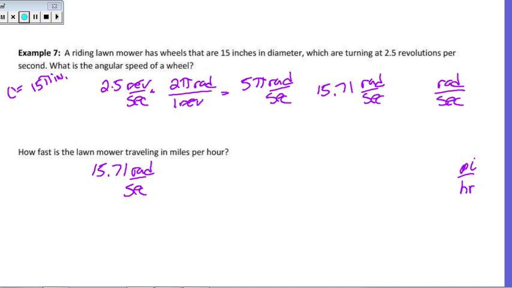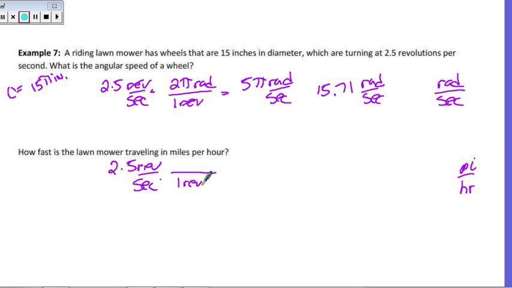So let's not start with this. Let's start with our original one, 2.5 revolutions per second. So let's get rid of this guy right here. And let's start with 2.5 revolutions per second.